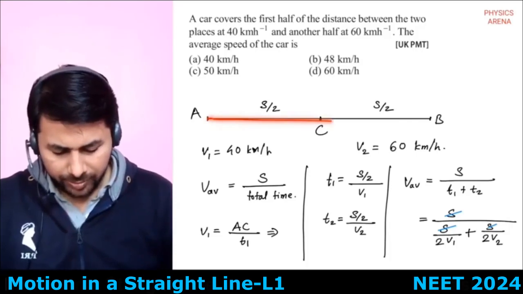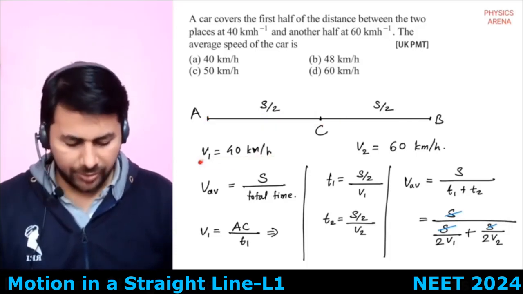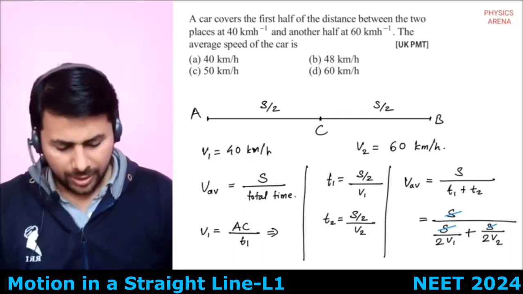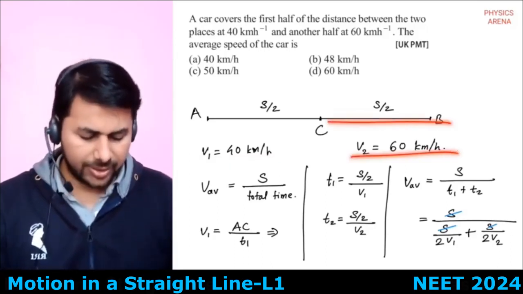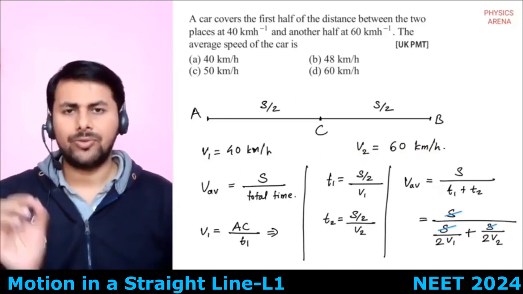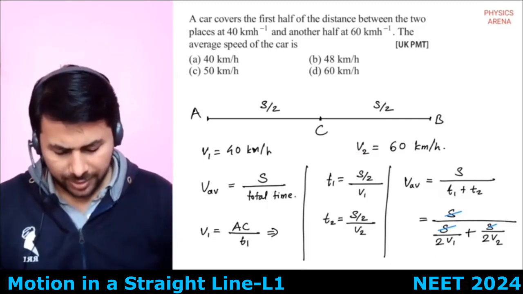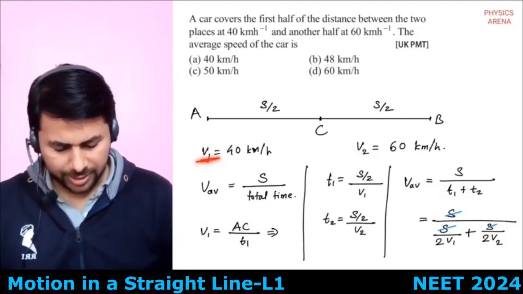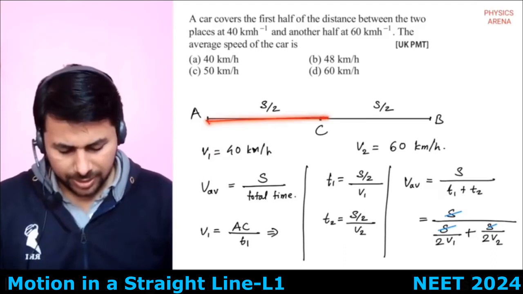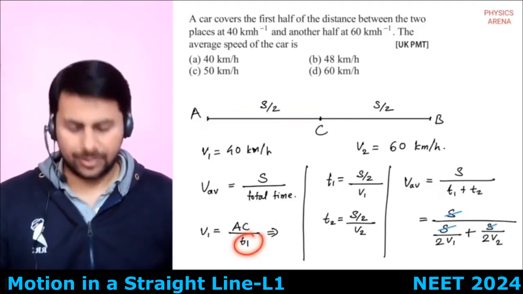So it moves from A to C with speed v1, which is 40 km per hour, and C to B with 60 km per hour, that's v2. We know speed is distance covered divided by time, right? So v1 is equal to this distance, which is s by 2, divided by time t1.